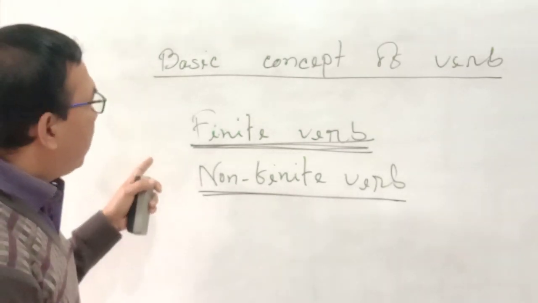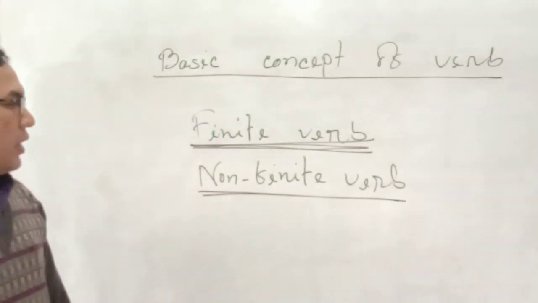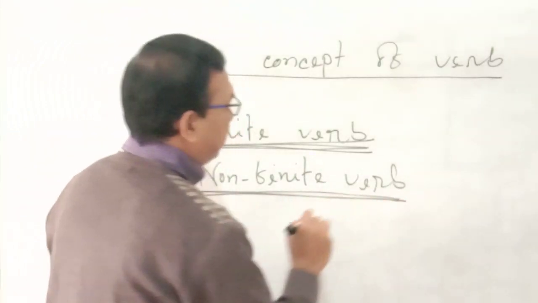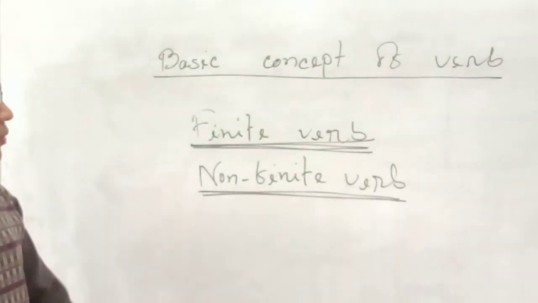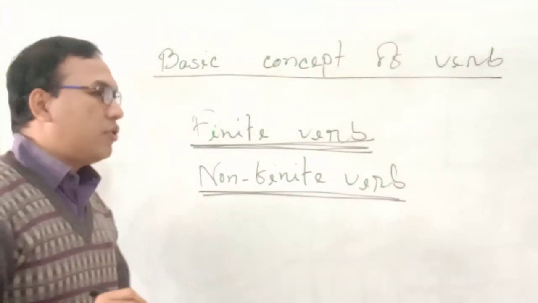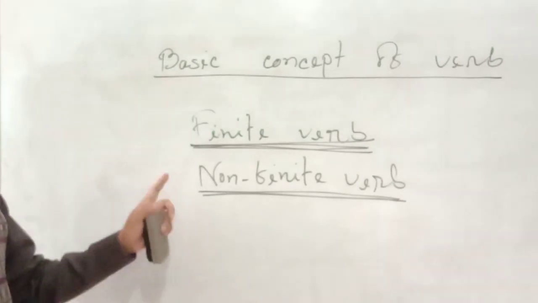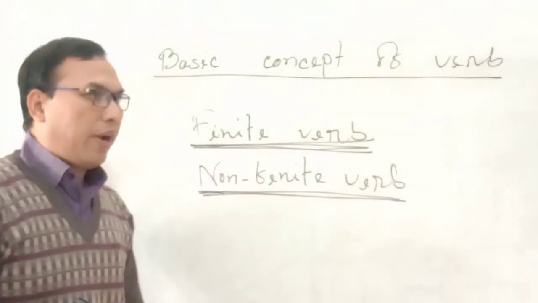A finite verb changes with the change of tense, but a non-finite verb doesn't change with the change of the number and person of a subject or with the change of tense. And we can define non-finite verb in this way.